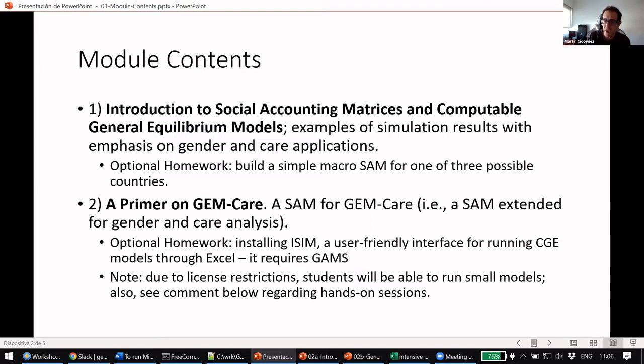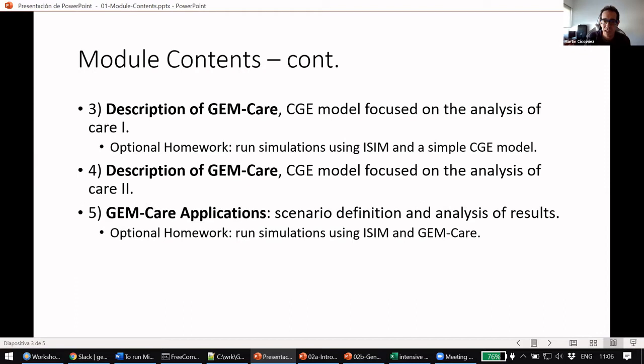Today we are going to talk about one of the data inputs, the most important one that we need to make that model operational. Then we will go into the details of that model, and we are going to run some simulations with it and look at the results.